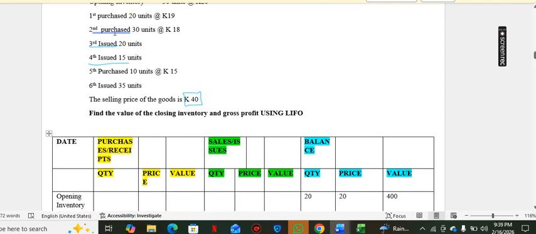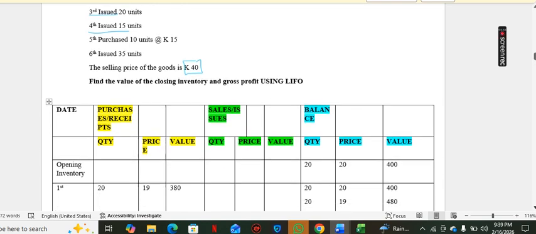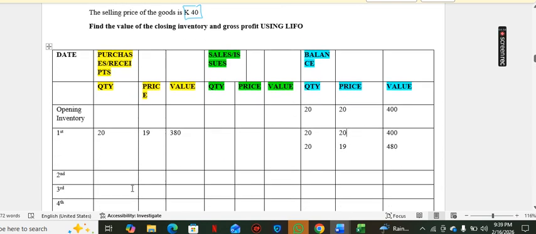If we go on the second, purchased 30 units at 18 kwacha. So another purchase on the second, 30 units valued at 18 kwacha.